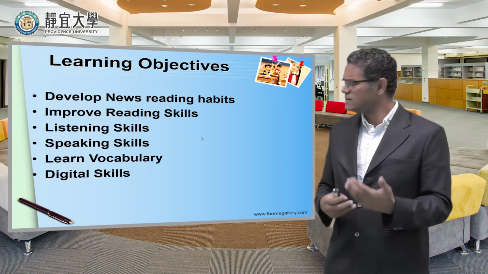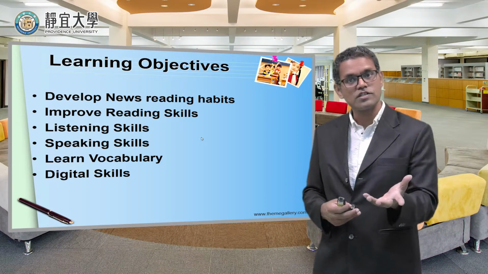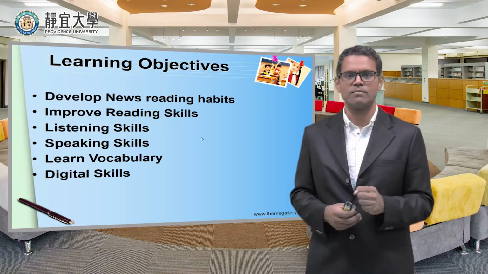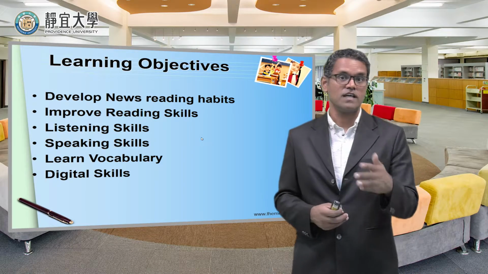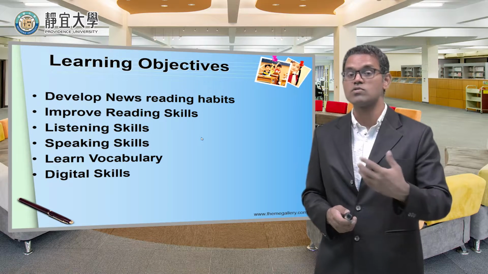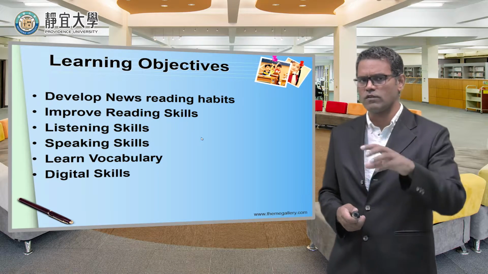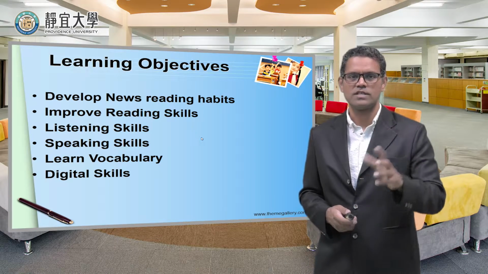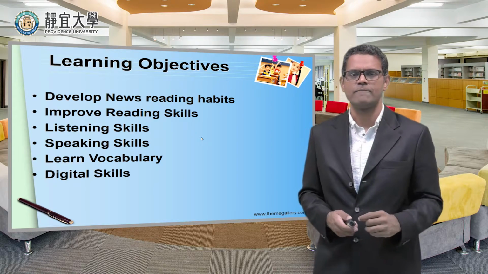We have CDs, and as I mentioned, you watch TV and listen to the news. That way you also improve your listening skills. I will focus on what exactly you have to listen to, say some important points.